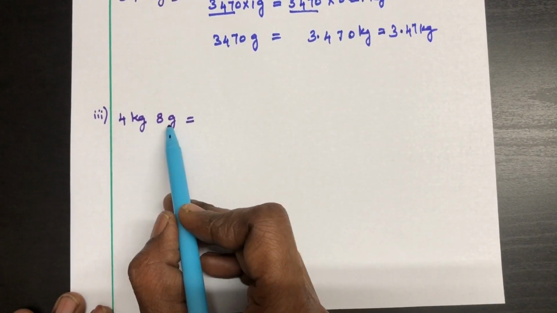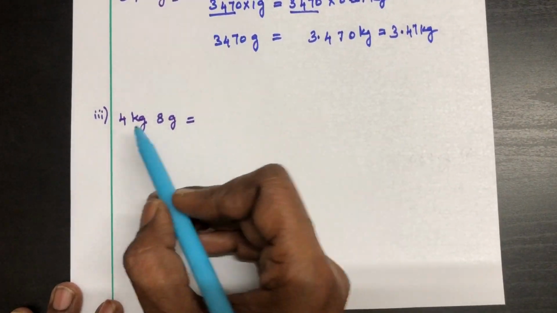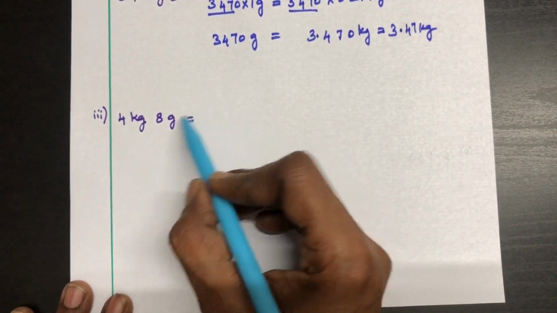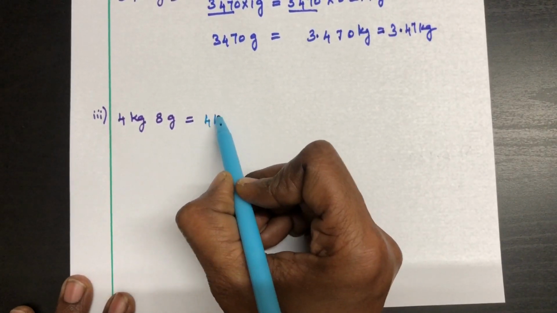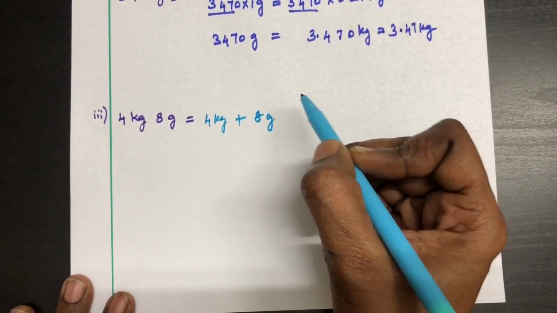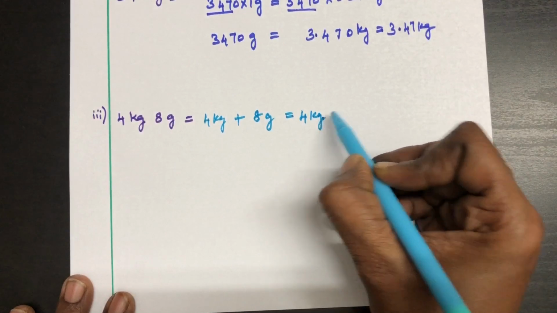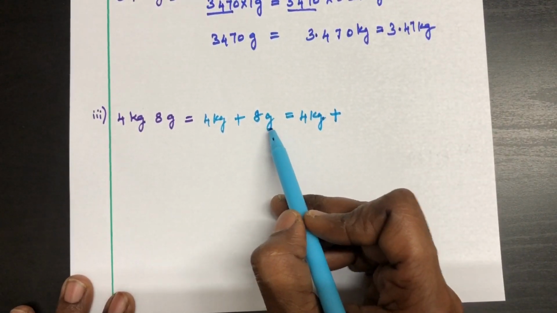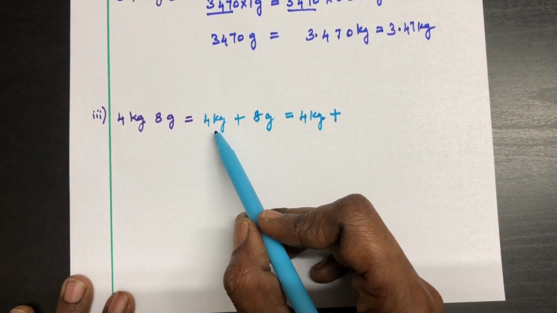Now 4 kg 8 grams. How to do this? See, already 4 kg is there. So 4 kg plus 8 grams. This is equal to 4 kg plus conversion for this alone. This is already in kg, so no need to worry about it.